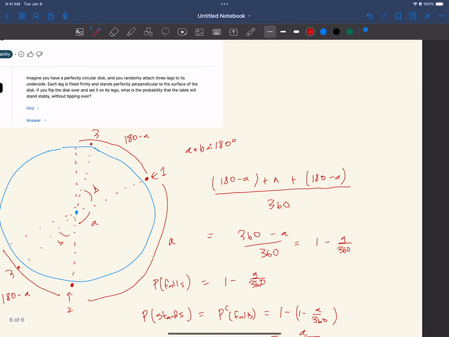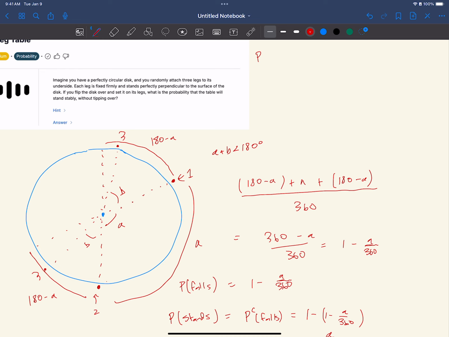And so to compute the probability that the table stands, we have to integrate over all of A from 0 to 180 of the probability we previously calculated multiplied by the distribution of A. Now we know the distribution of A is 1 over 180 for all A, so that's just a constant.